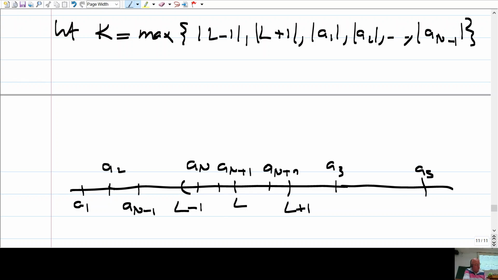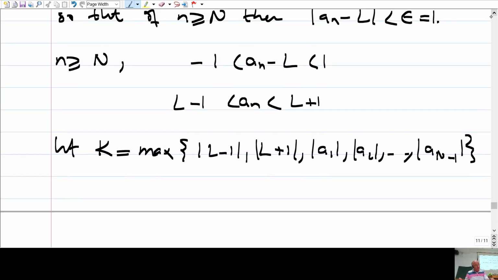So what I do, I look at all the absolute values of these numbers, the a_i's up to this number, and also this number and this number.